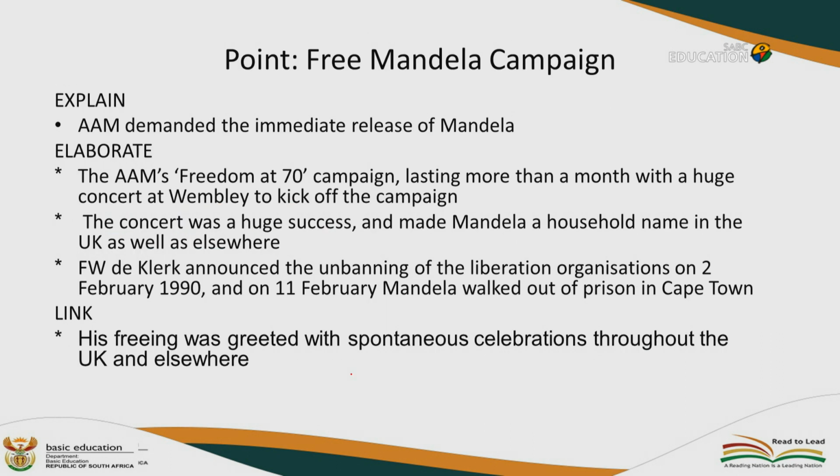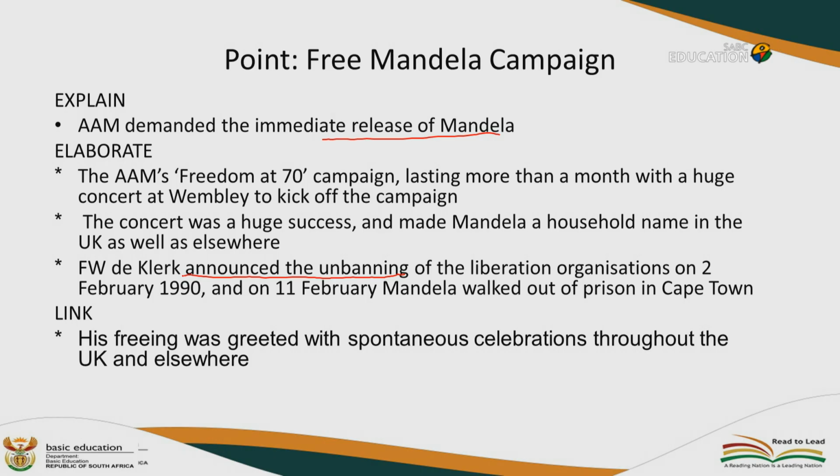Right, there was also a campaign that was called the Free Mandela Campaign. The anti-apartheid movement demanded the immediate release of Mandela. The anti-apartheid movement and its campaign put huge pressure on South Africa to release political prisoners. F.W. de Klerk announced the unbanning of the liberation movements and the release of prisoners.